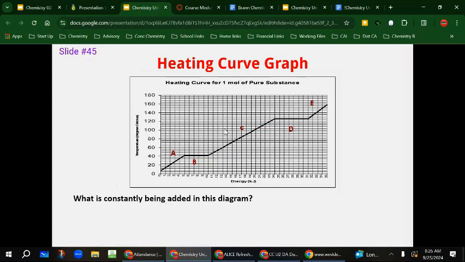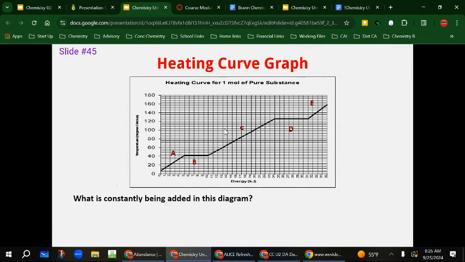To get from here to here, what do you have to do? What is constantly being added in this diagram? Heat. Heat is the way we make something go from being a solid to being a gas.